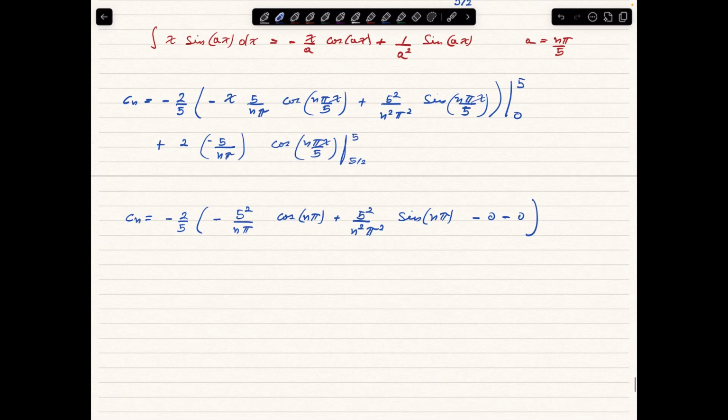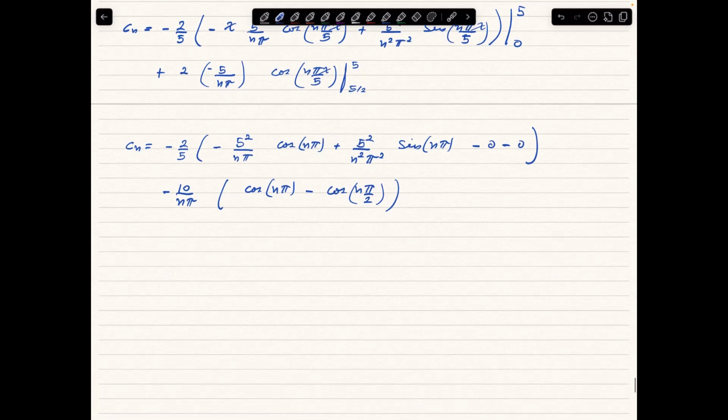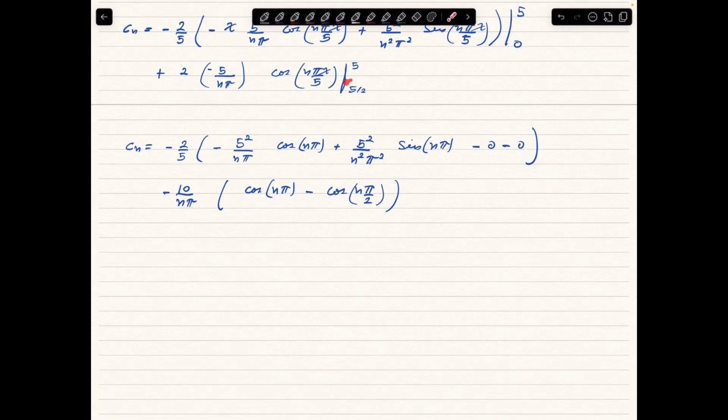Good. And on the other term, we still have minus 10 over n pi. You see, this here is a minus 10. Then we have the cosine of n pi minus the cosine of n pi over 2, that is when we evaluate at 5/2.